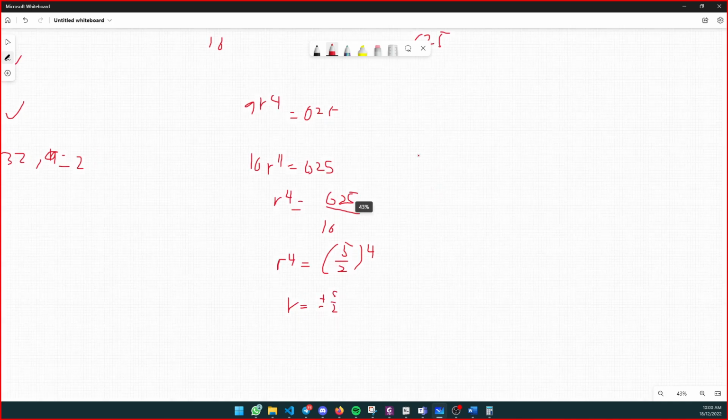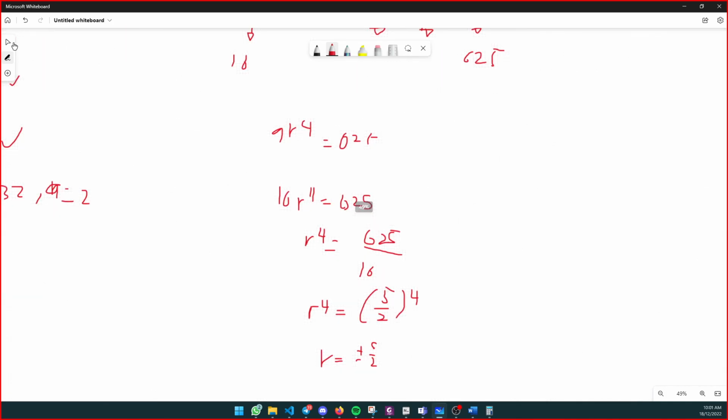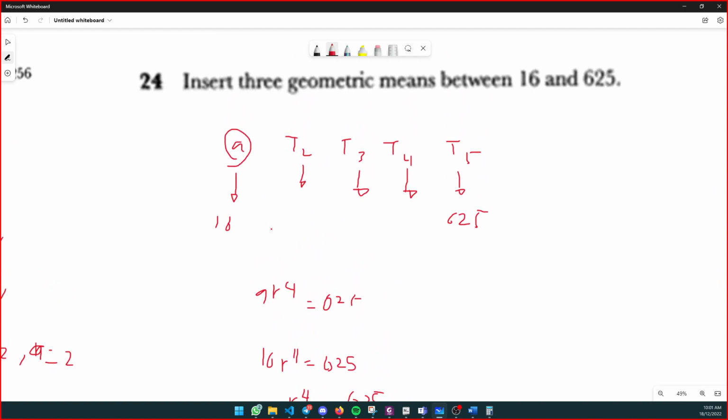So when you get this, you can just input it back here. So it'll be 16 times 5 over 2 to the power 1, 16 times 5 over 2 to the power 2, 16 times 5 over 2 to the power 3. Later you can expand, but it's better to just put in the values.